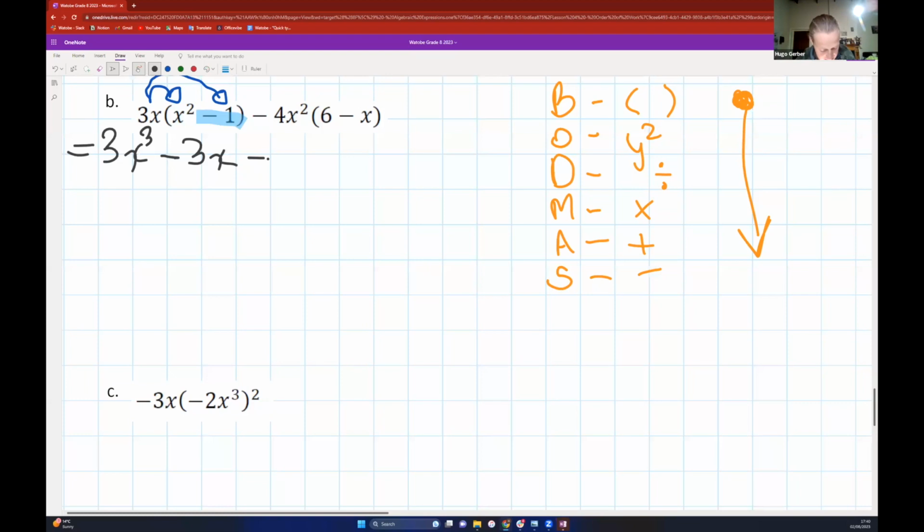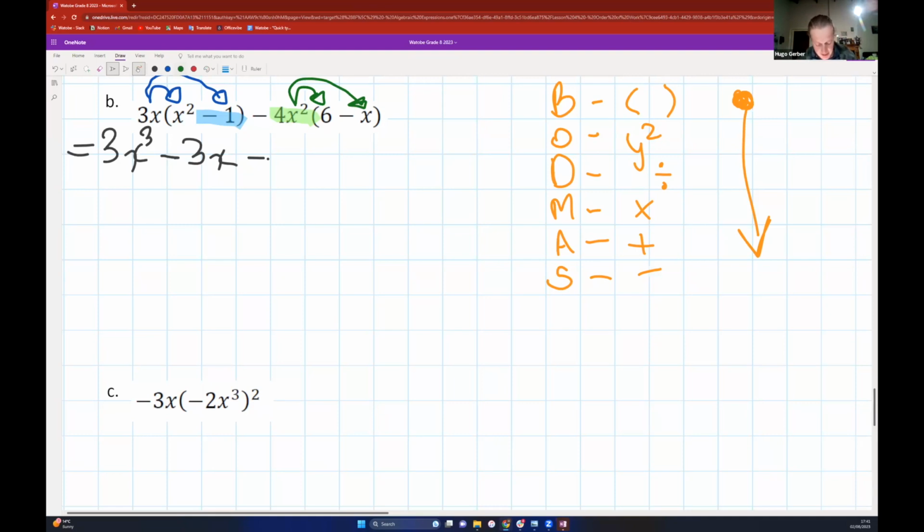Now we will be sitting again with this 4x squared directly adjacent to a bracket. Let's see what we're going to do. We're going to multiply with the first term, what's outside of the bracket. We multiply with the first term in the bracket and then with the second term in the bracket.